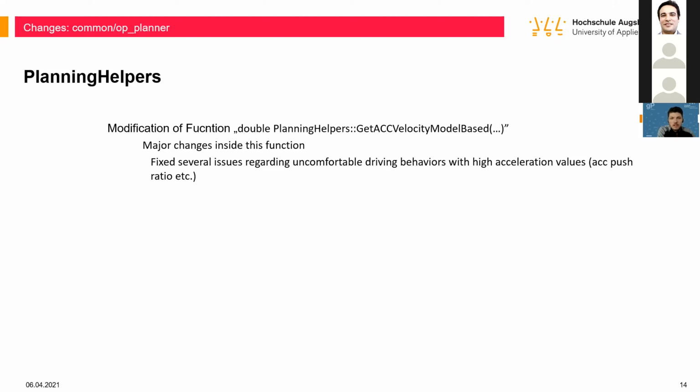We added a lot of new options for the ACC velocity model based. So the vehicle driving is now very, very comfortable. So if we set the boundary to 1.5 meters per second squared, then we usually don't violate it anymore. This is something we have to look at in the pull request. You can look at it in the pull request if these are things you want to have.